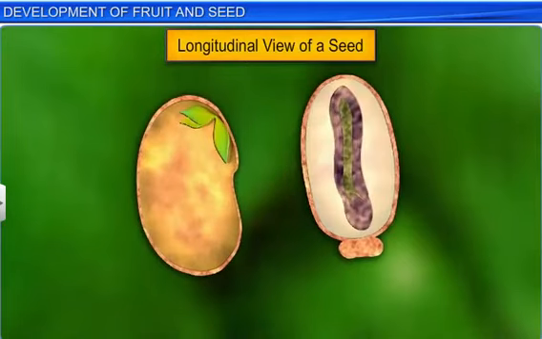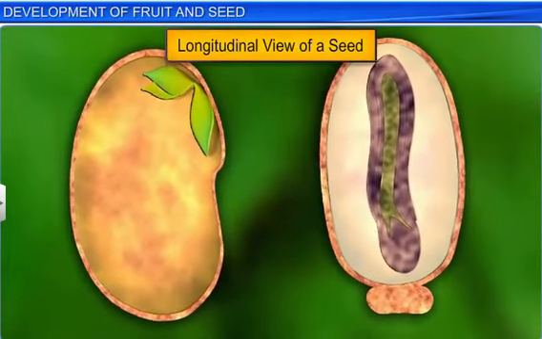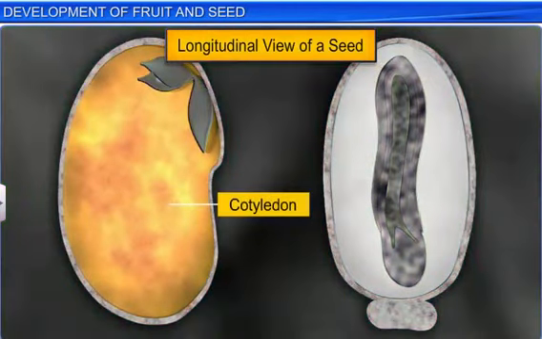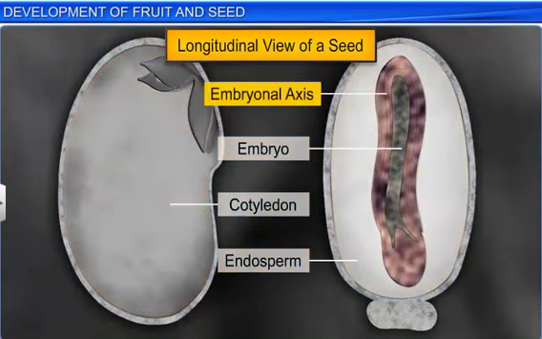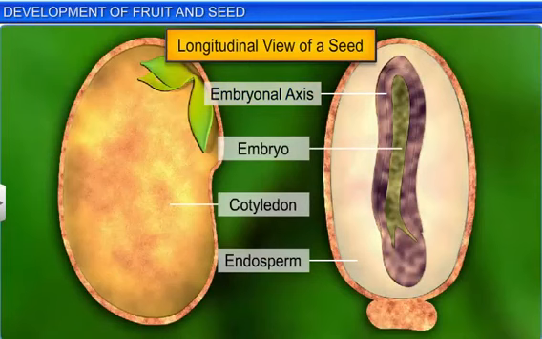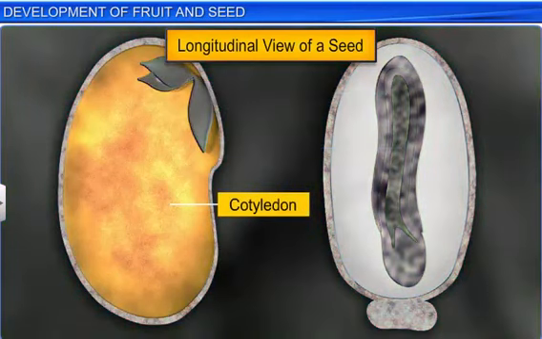Inside the seed coat lie one or more cotyledons as well as the endosperm, embryo, and embryonal axis. The cotyledons, which are often fleshy and swollen, contain abundant food reserves.